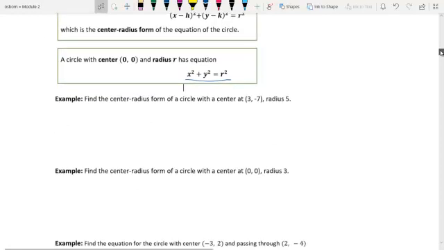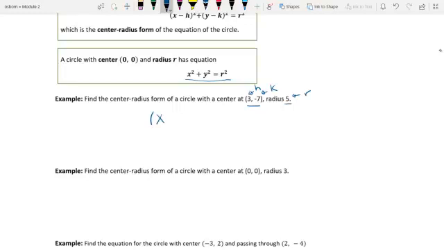So looking at this first example, we're asked to find the center-radius form of a circle with center (3, -7) and radius 5. In other words, that 3 would be my h value, that -7 would be my k, and 5 would be my r.